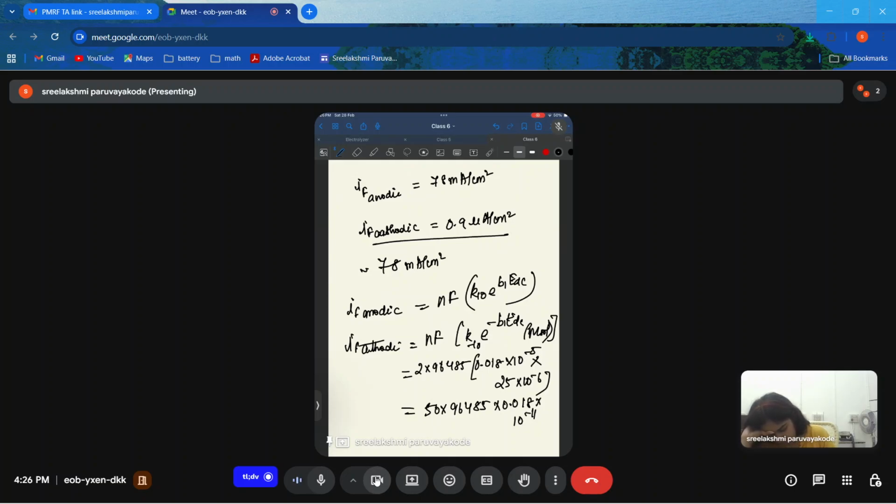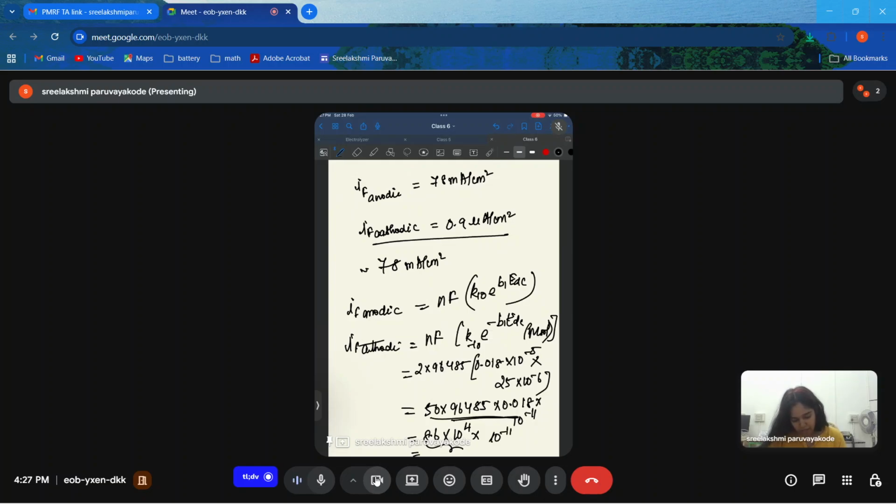Just 8.6 into 10 to the power 4, this value, into 10 to the power minus 11.